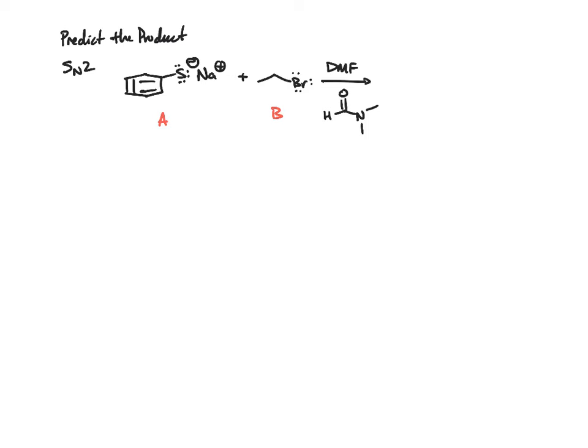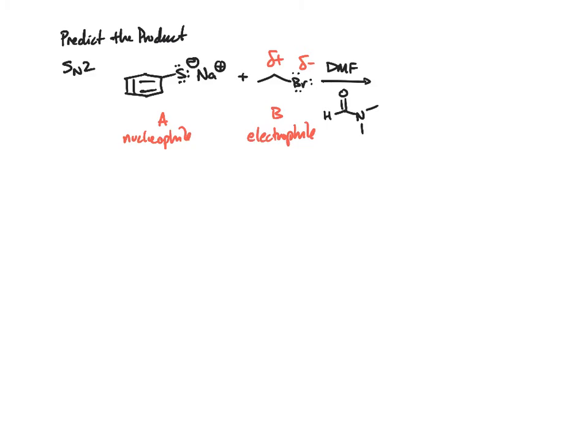Between A and B, which one is the nucleophile, which one's the electrophile? So B is the electrophile. We have this bromine, it's delta minus, this carbon's delta plus. So by default, A is then the nucleophile. The nucleophile supplies the electrons.